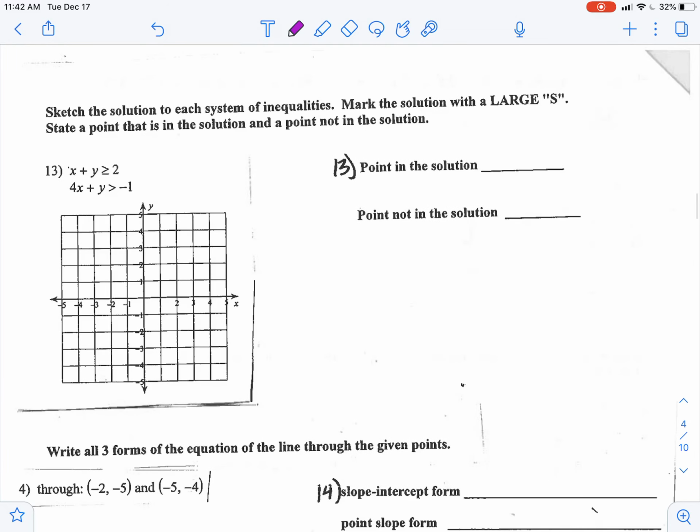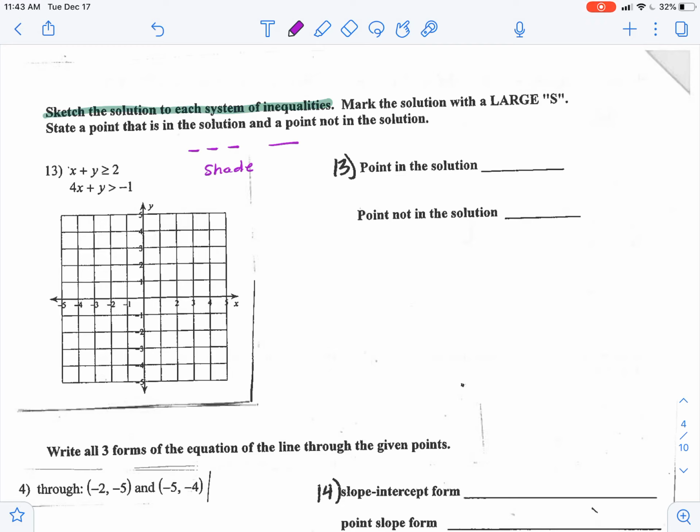Okay, the next one we are going to be doing is sketching the solution of a system. That means we're going to be working 2 of these on one graph. Again, remember, dotted or solid line, shade. Both of them will be shaded, and then you need to figure out where they cross.